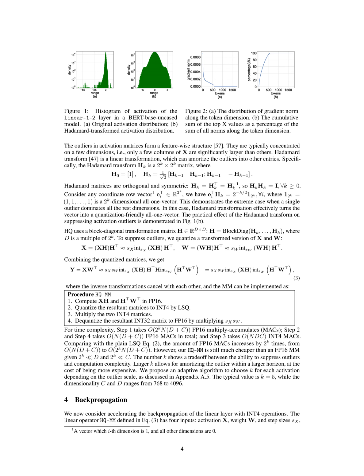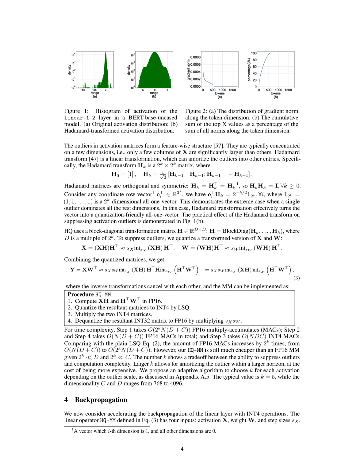As for computational complexity, the first step takes O(2^k n(d+c)) 16-bit floating point operations, the second and fourth steps take O(n(d+c)) 16-bit floating point operations, and the third step takes O(ndc) INT4 operations.